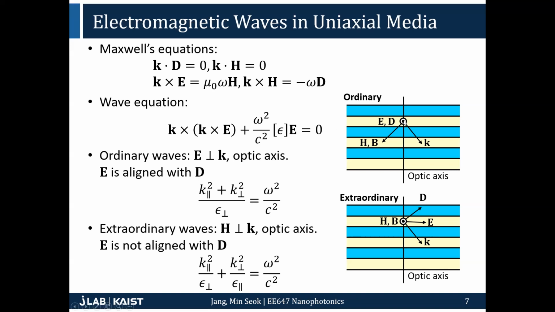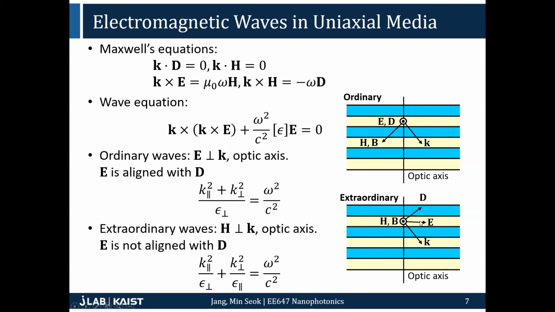Because there's no problem in calculating, because the same permittivity epsilon perpendicular is applied in the conversion between E and D. But in the other case, what is called the extraordinary case, the H field is perpendicular to K and the optic axis, so that the electric field basically has an in-plane component here, right?